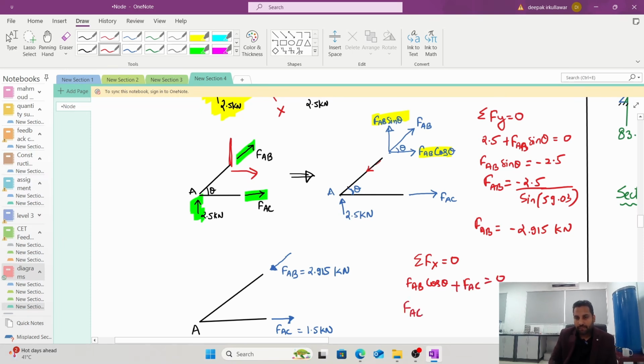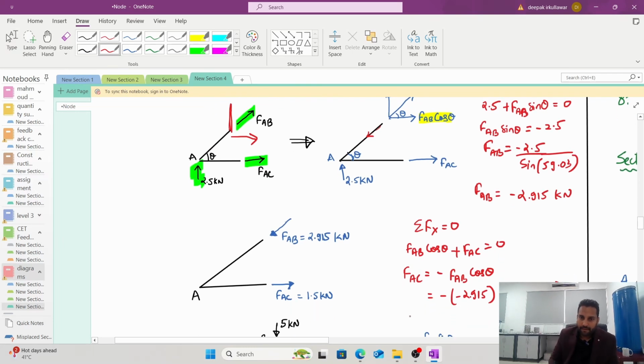So, FAC equals minus FAB cos theta, which is minus of minus 2.915 times cos of 59.03. So, you will get FAC as positive 1.5 kilonewton. Since it is positive, you do not need to change the direction.